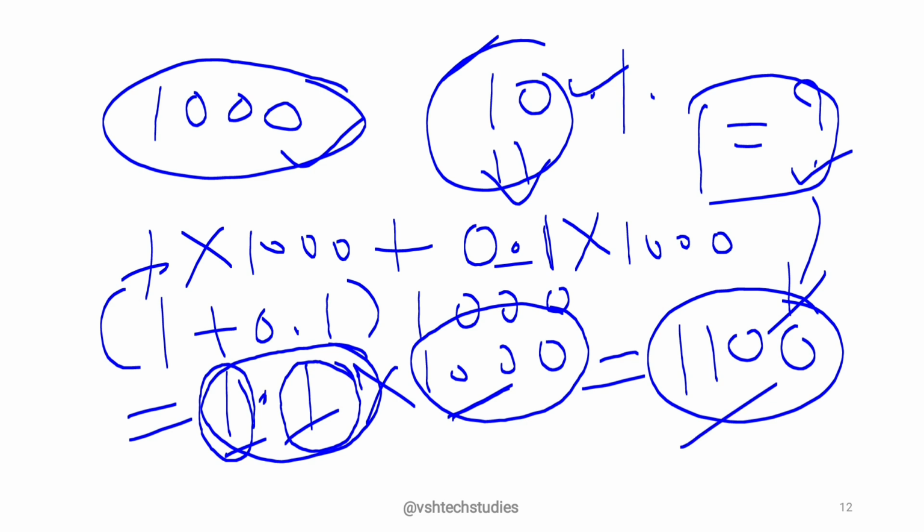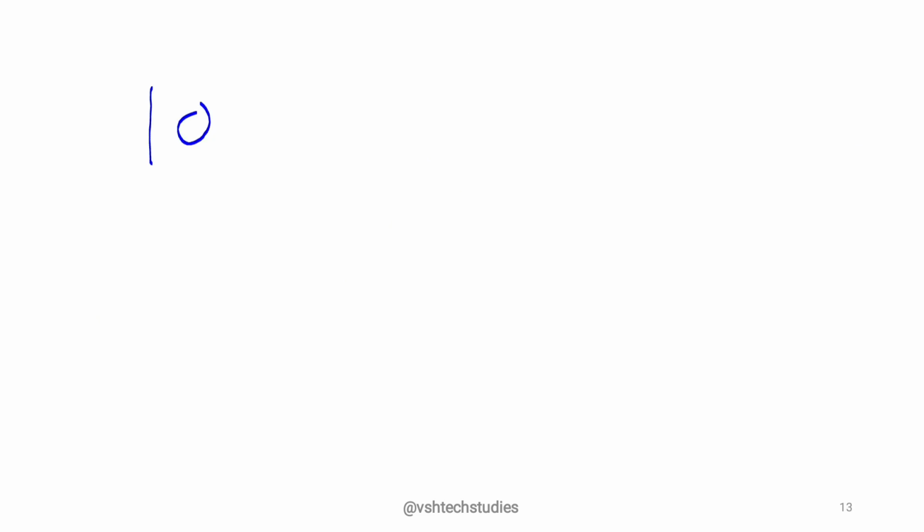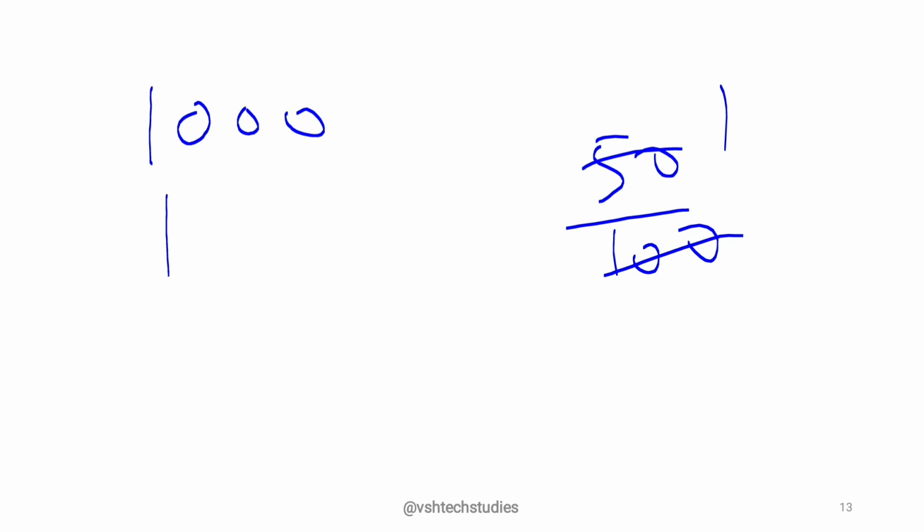Now, taking the same 1000, if it is incremented by 50%, then 1 means the original value 1000 is taken. 50% means 50 upon 100, which is 1 by 2, equal to 0.5.